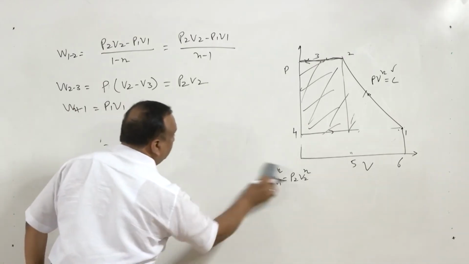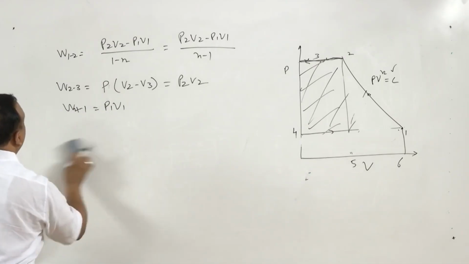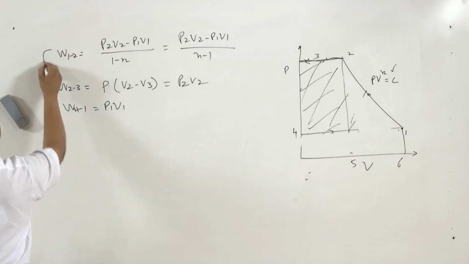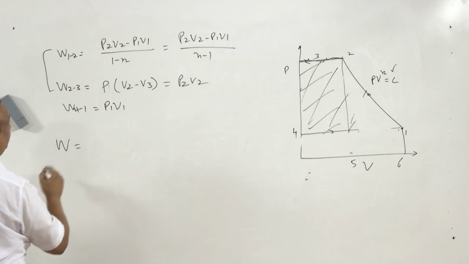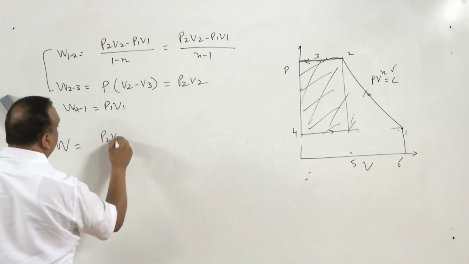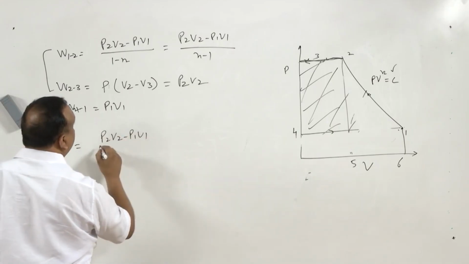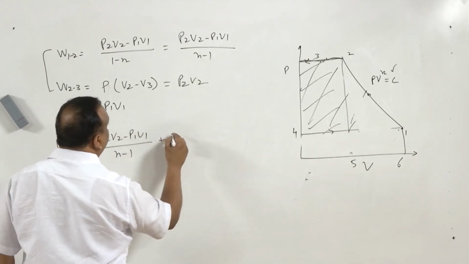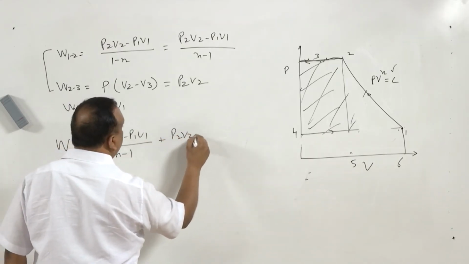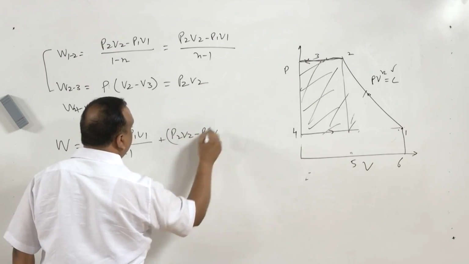Now, if we add all these, 1 and 2, and subtract this one, we will get an expression for the work for the compressor, that is (P2 V2 minus P1 V1) divided by (n minus 1) plus P2 V2 minus P1 V1.